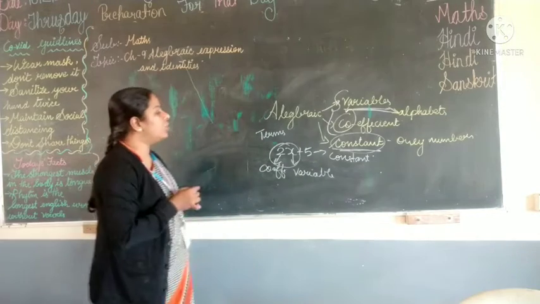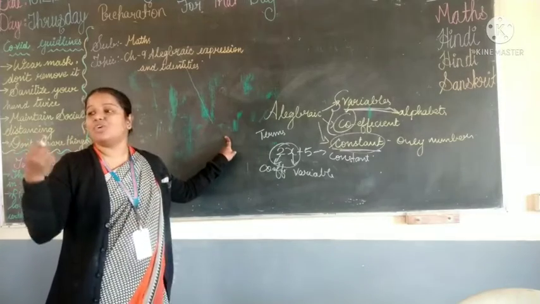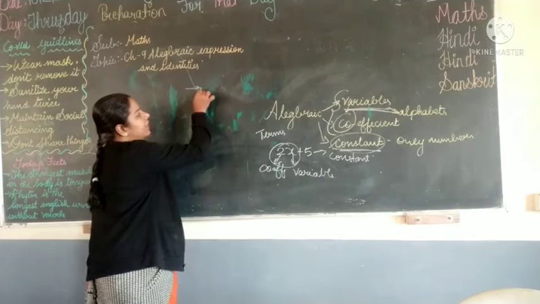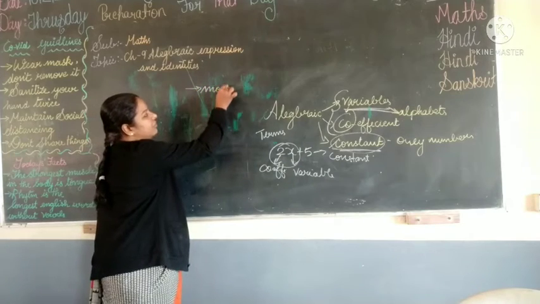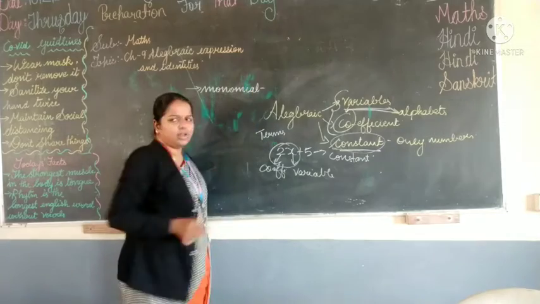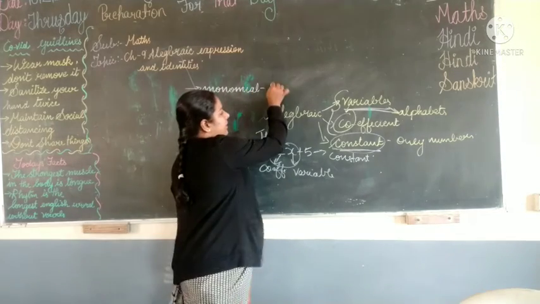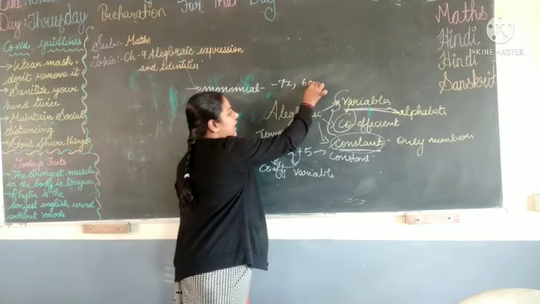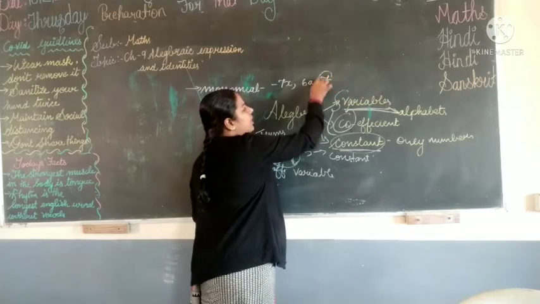Now we are going to find what is monomial, binomial and trinomial. Monomial means only one term will be there. For example, minus 7x, 6, 8, 7, these are monomials.